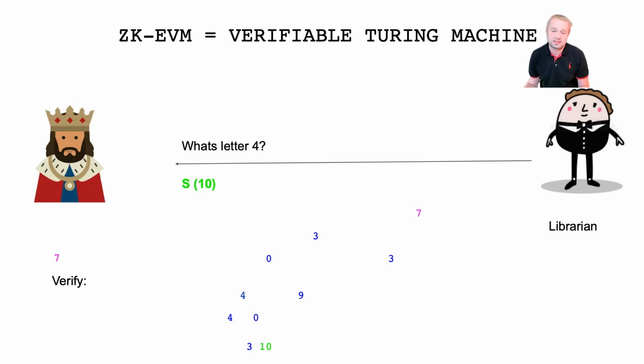Now, what's important is that to verify things, the king takes every pair and verifies the division by 13 law. For instance, that 3 plus 10 is 13, and the remainder of the division by 13 is 0. So the bottom three numbers are correct, 3, 10, and 0.